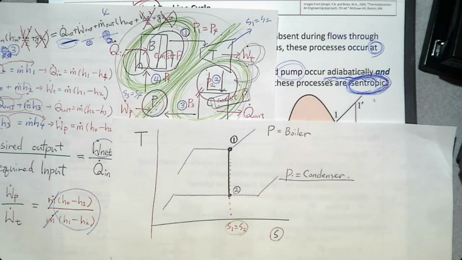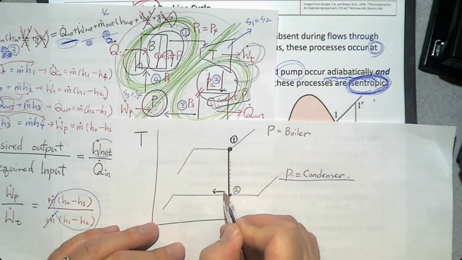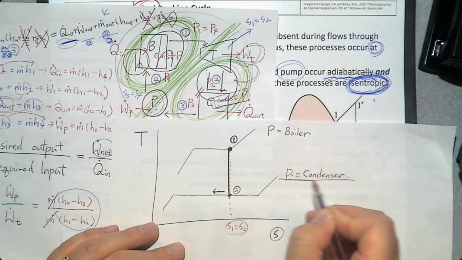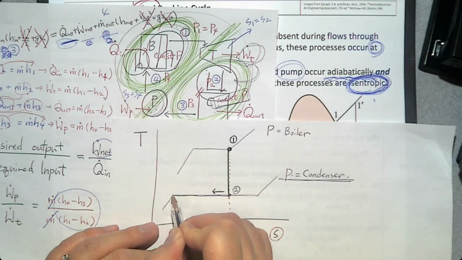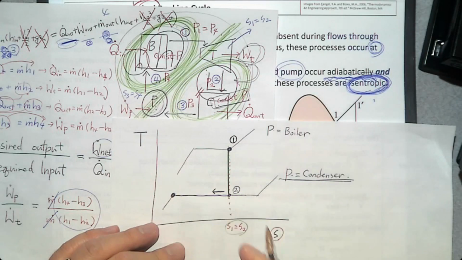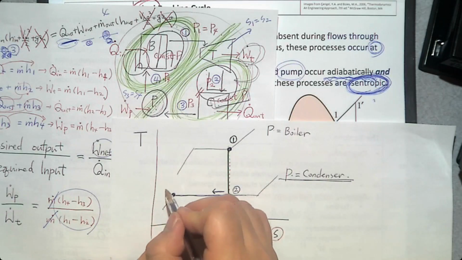So heat is removed from this condenser. Therefore, we are going to go to the left-hand side, on this line, because P remains constant, until all the vapor becomes liquid. So number three is going to be saturated liquid. That's number three.